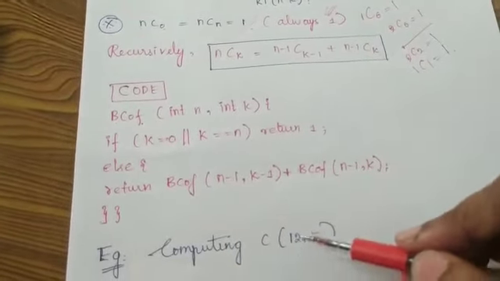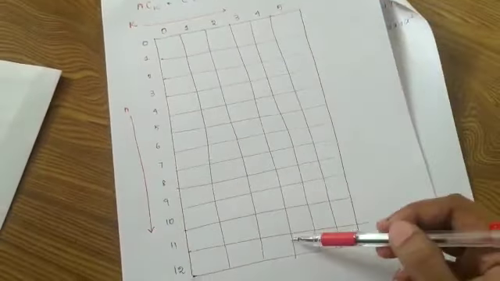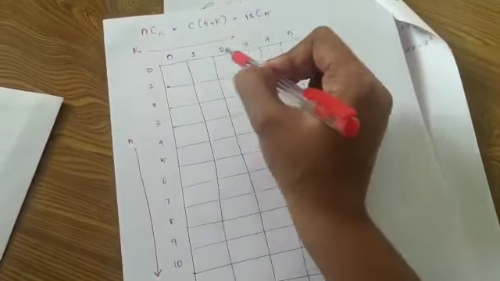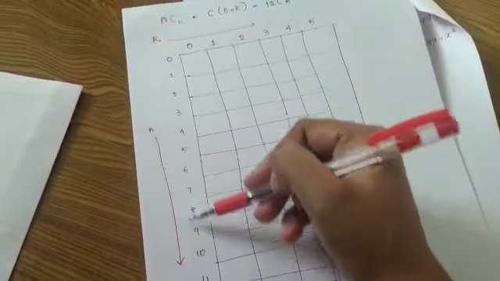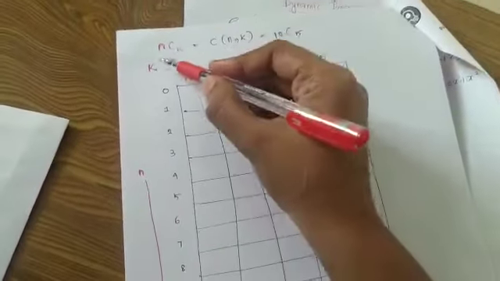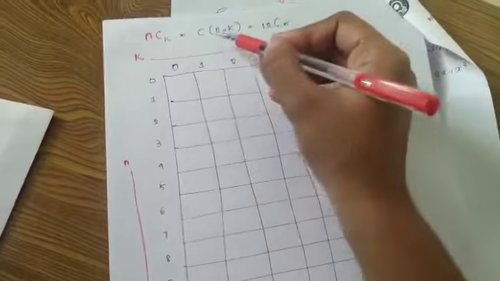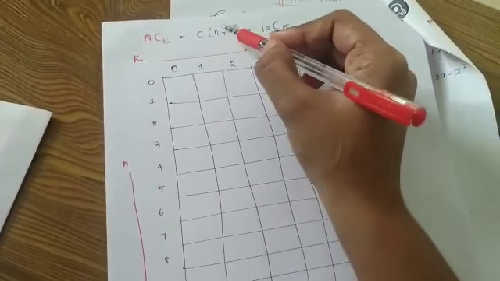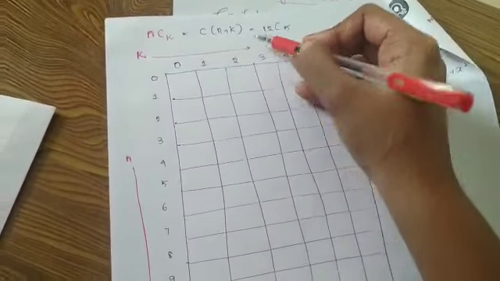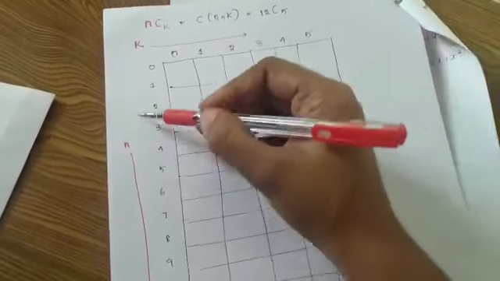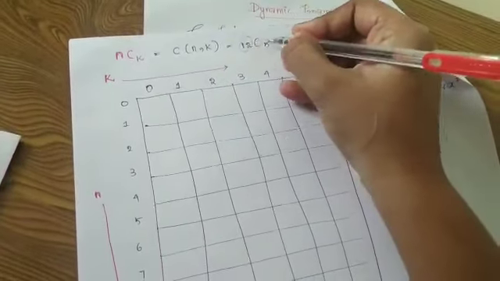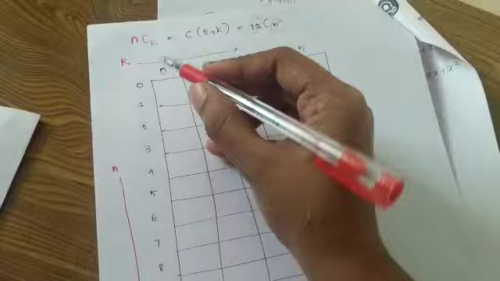Let's take C(12, 5). For computing this we need a table like this. One axis contains k, the other axis contains n. nCk, also written as C(n, k), is equal to 12C5. Both axes start from 0.